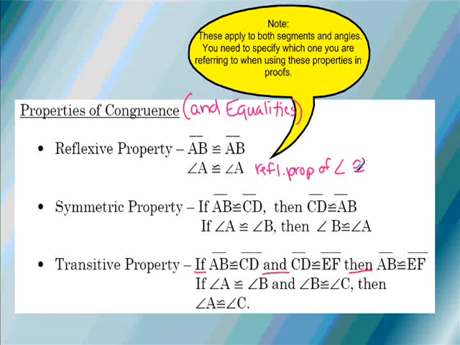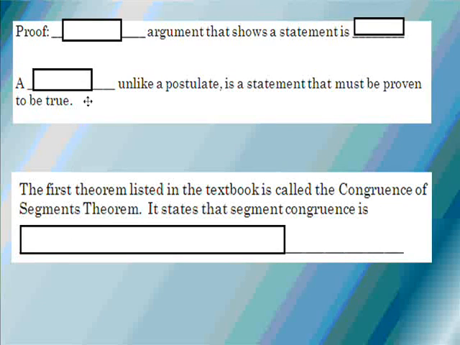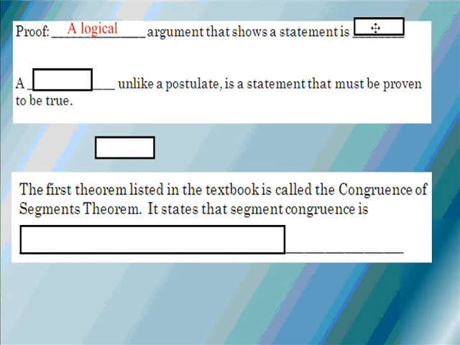So I mentioned that this is the section where we begin talking about proofs, and here we go. A proof is simply a logical argument that shows that a statement is true.